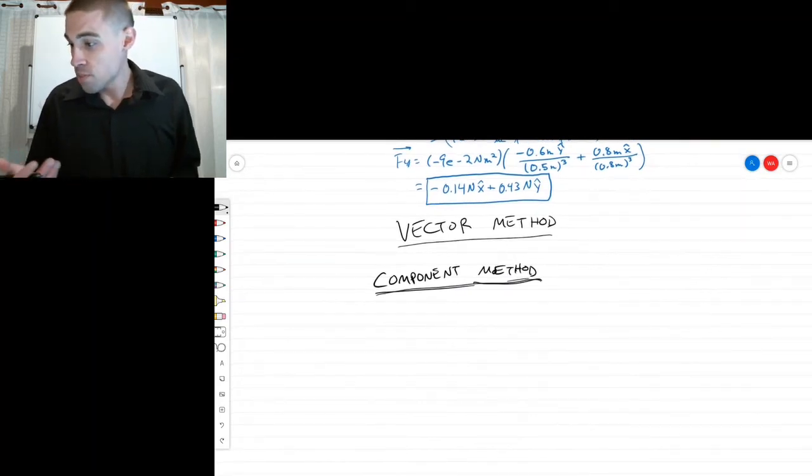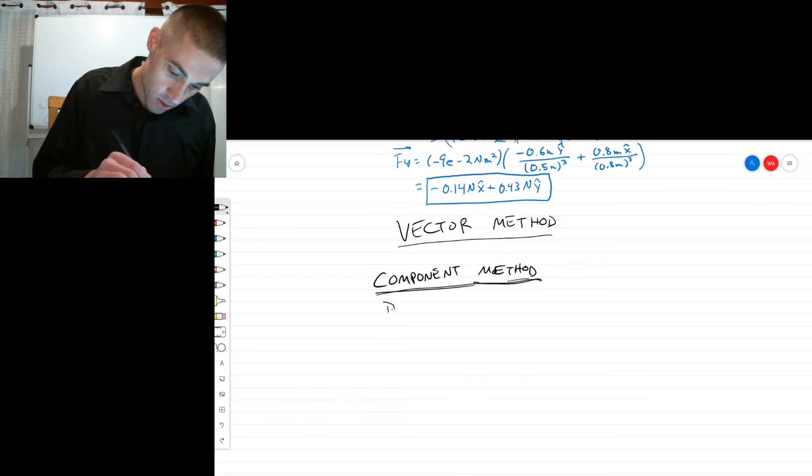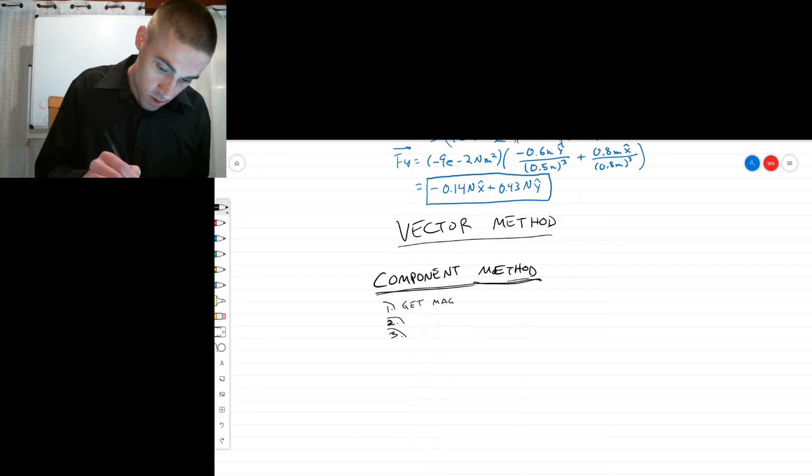So there's also the component method. For the component method, let's just say it's basically a three-step process. Step one would be to get the magnitudes of each force, magnitude of F. And then step two would be to get components.